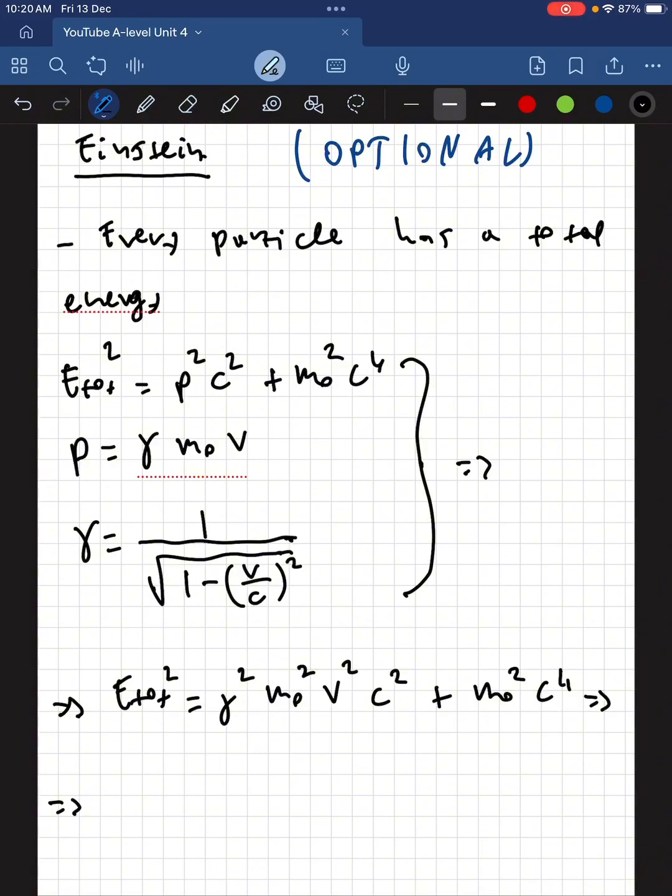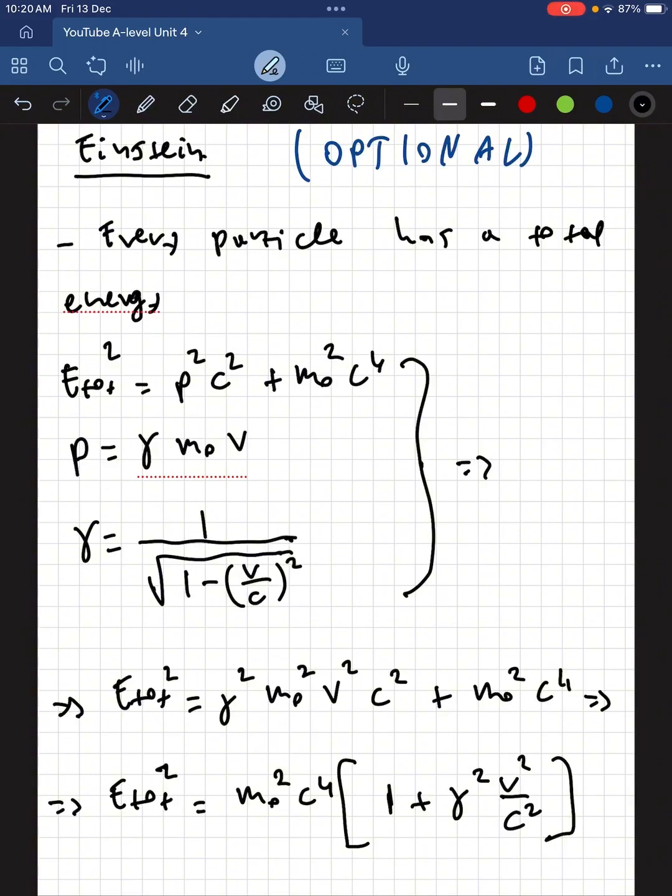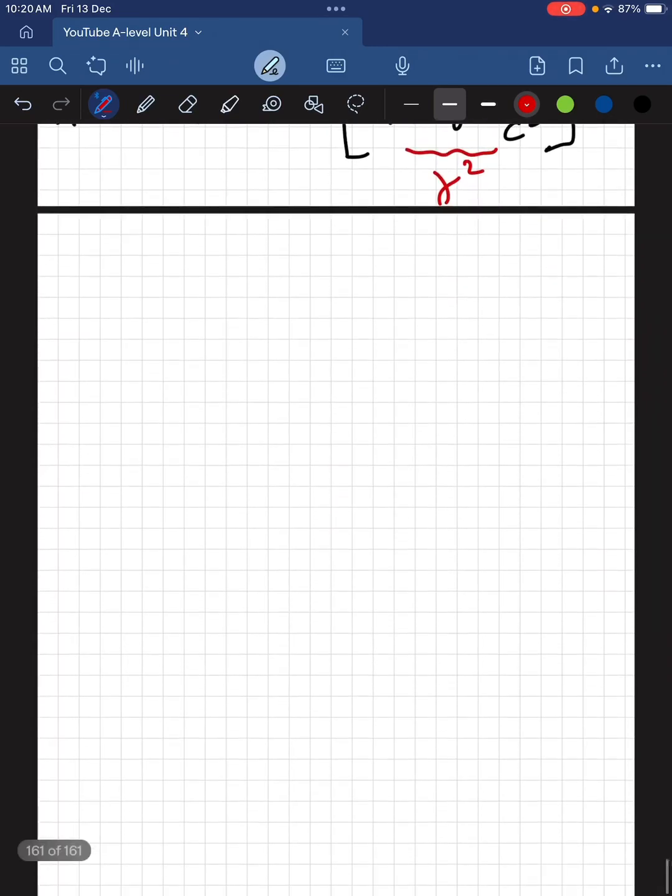Okay, so if I pull out m squared c to the fourth as a common factor, I get E total squared is m squared c to the fourth times (1 plus gamma squared v squared over c squared). Okay, and it turns out that this factor here is equal to gamma squared.